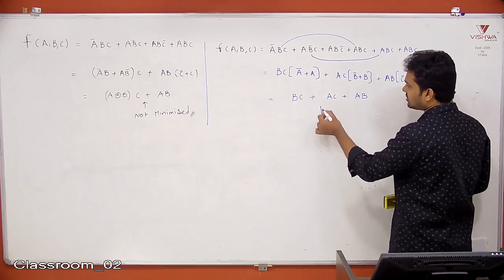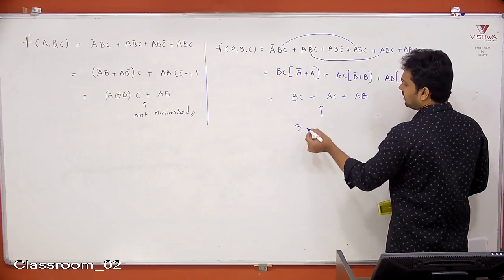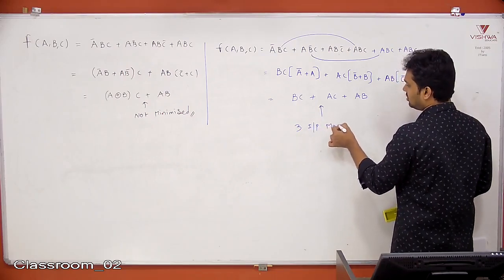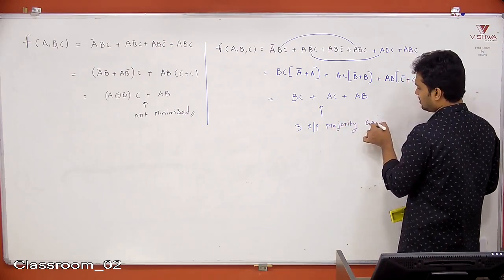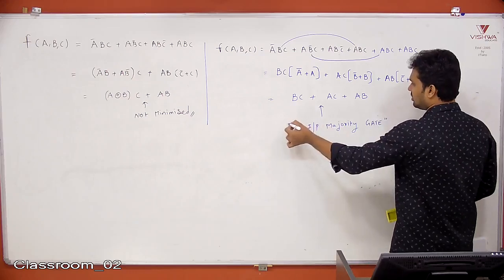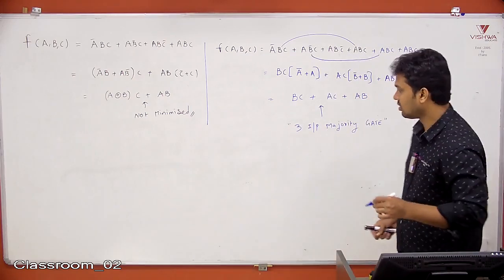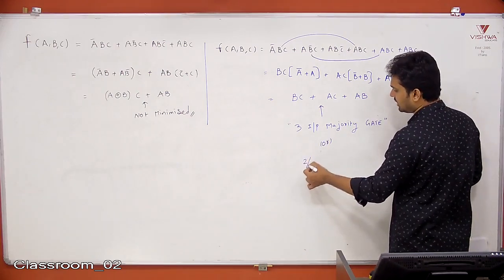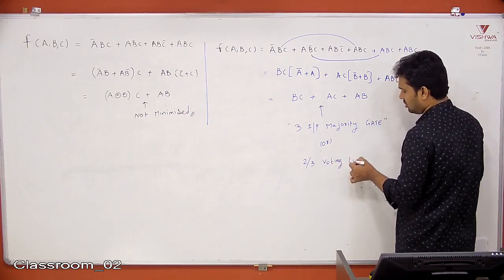This function has one important name, what we call a 3 input majority gate. So what is this majority gate? I will come to that. Another name for this is 2 by 3 voting logic.